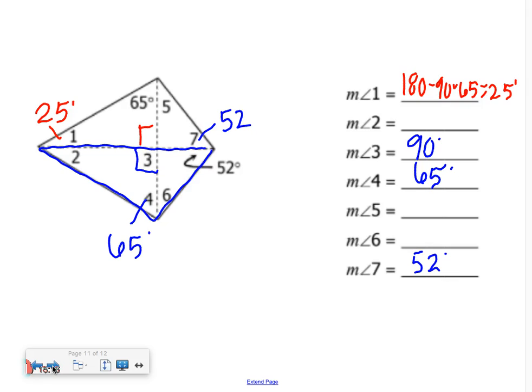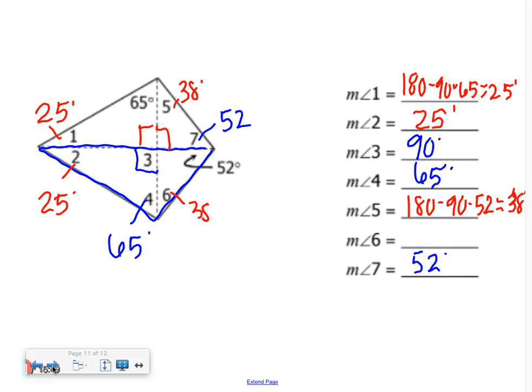What's another one that's 25? 2. How can we find angle 5? Well, 7 equals 52, and then the opposite of 3 is going to be 90. So just subtract from 180. And we get 38. So then 6 is also 38.